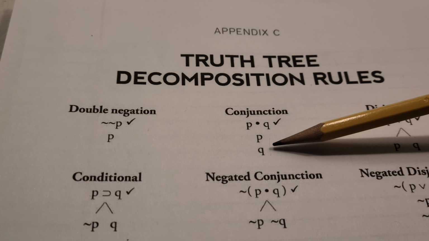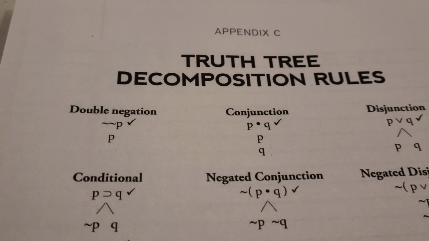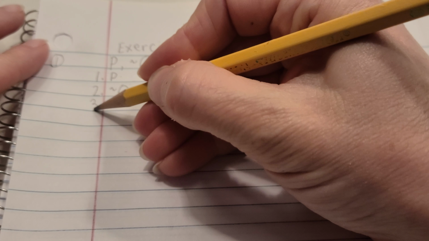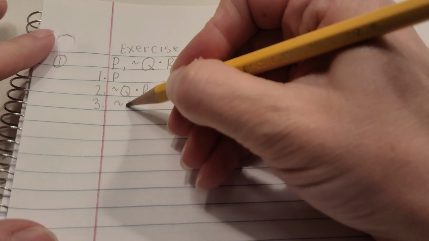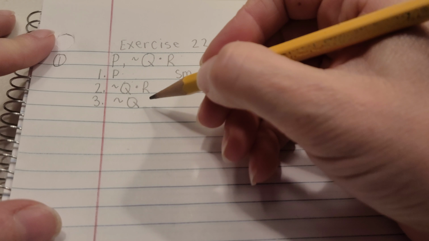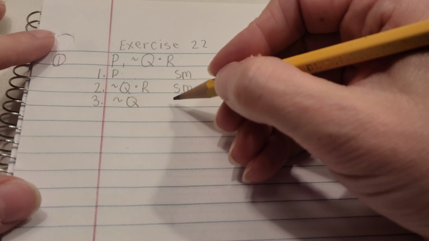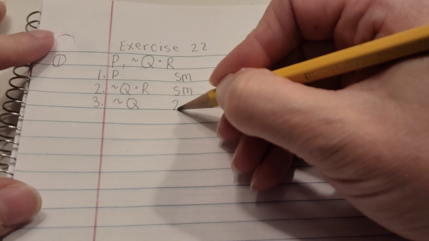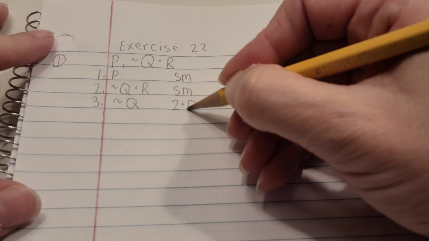So what we're going to do here for not Q and R is this one here. Line 3 will be not Q, and over here to the right, just like I've done all the other times, I say what line I used, which was line 2, and the rule that I used, which was the conjunction decomposition rule.